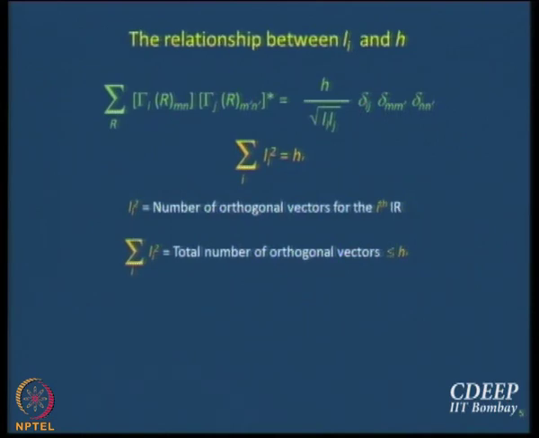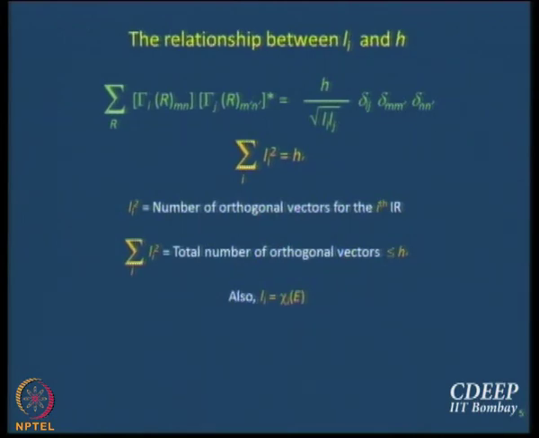There are a few things that I need you to remember. Sum over i of Li square equal to H, that is point number 1. Now the other thing is, will you agree with me if I write that Li equal to chi i E? What is chi?